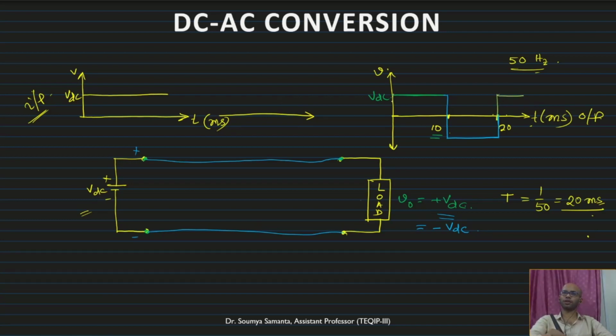So basically what is it generating? This is generating an alternating voltage. So what we have done here?